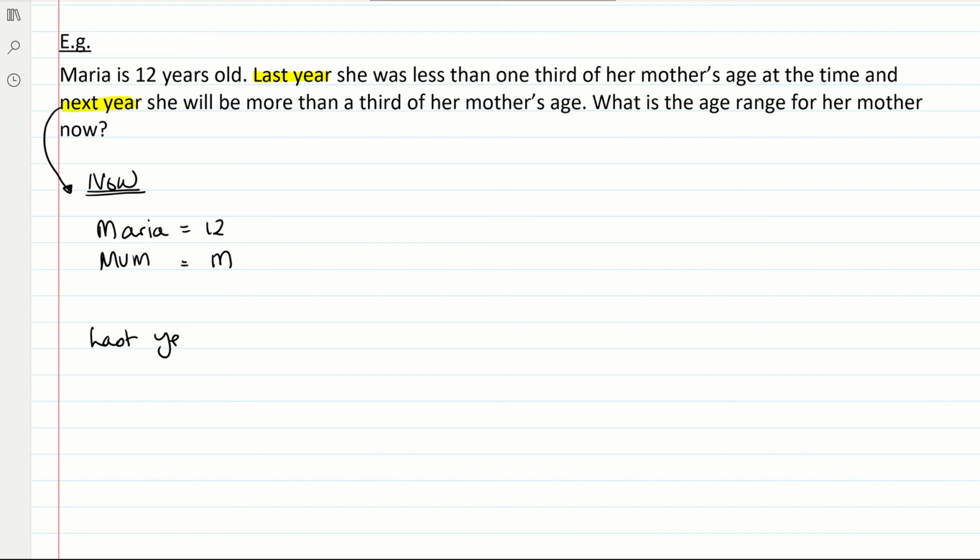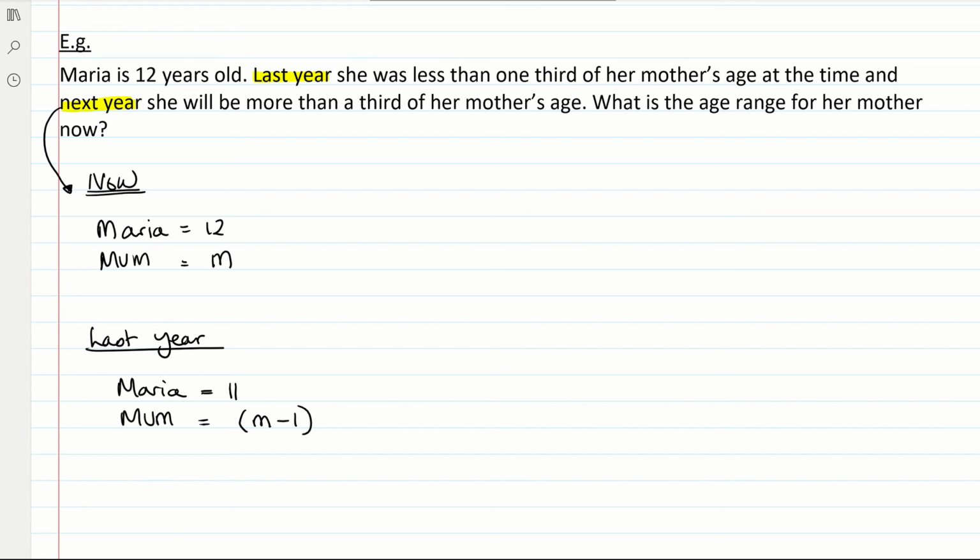We know about last year. Last year, Maria was 11, and her mum was M minus 1. Her mum was a year younger.